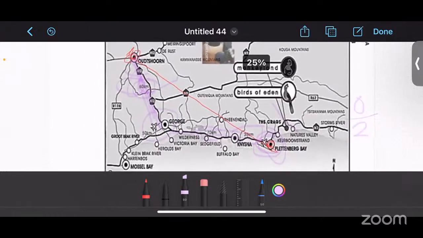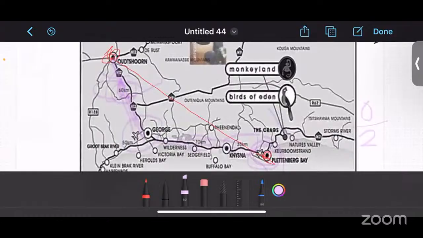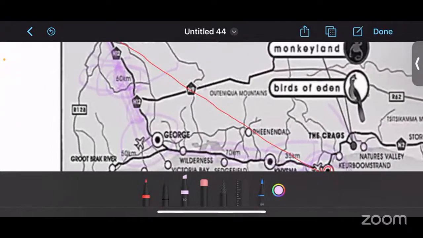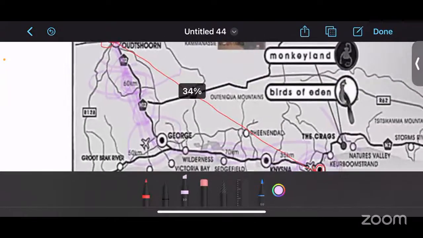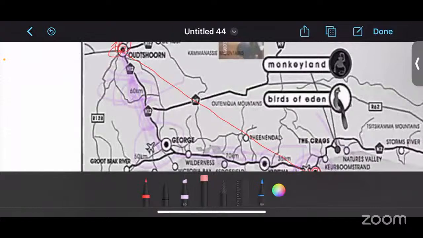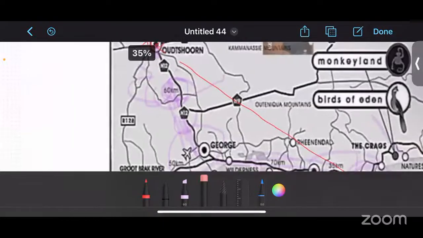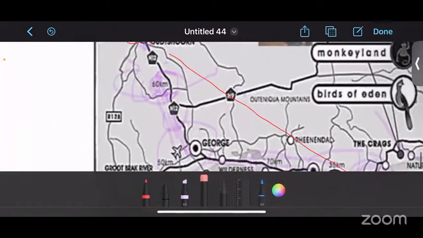Ma'am, wouldn't it be the N12? I don't know what that one at the top is, but I see the next main road, which is N12. This one? Yeah, but I don't see the one that's on top of it. This one over here, it's also N12. These are N12s. Oh, yeah. So the one main road they would take is the N12.